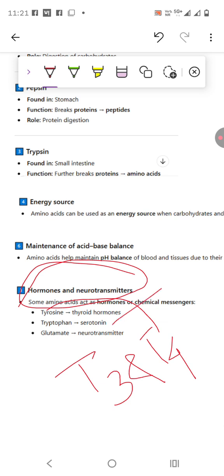Similarly, tryptophan is an amino acid. It is converted to serotonin, and this serotonin helps regulate mood, sleep and appetite. Next, glutamate. Glutamate acts as a neurotransmitter in the brain. It helps in learning and memory. That's it, the biological role.